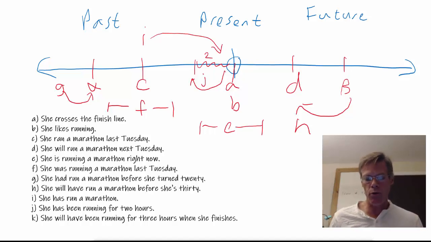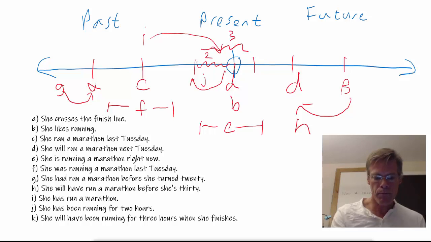We can also do that with a rather unusual form, which is the future perfect progressive. So in that case, we can talk about some event of her running, which spans 3 hours. And presumably it probably started sometime before the now.